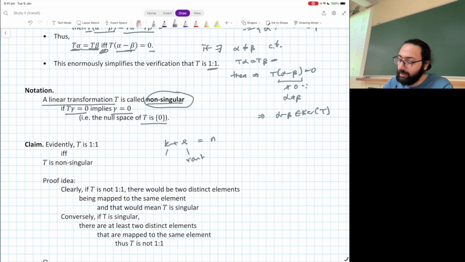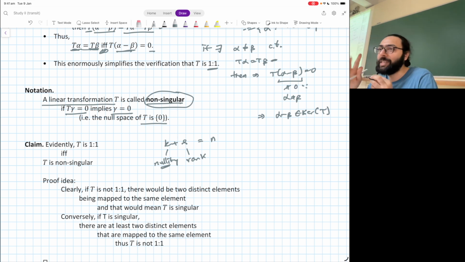Is this rank, or is this nullity? I guess this is nullity. Anyway, the point is rank plus nullity has to be N. And if everything is full rank, then nullity is 0. It has to be. You can't take it to be 1. The 0 vector does not contribute 0 to the dimension; you have to have a non-zero element.